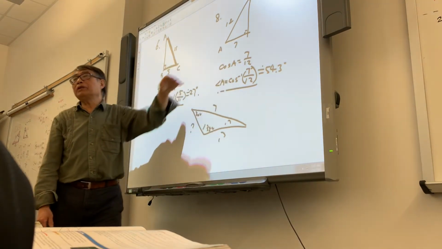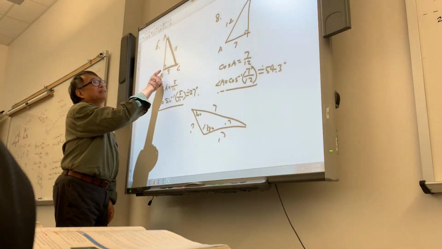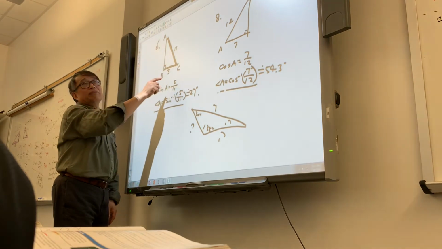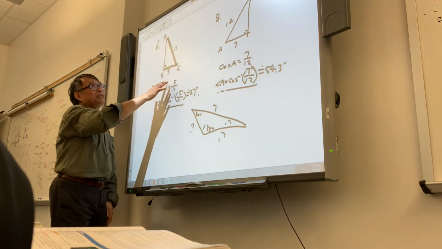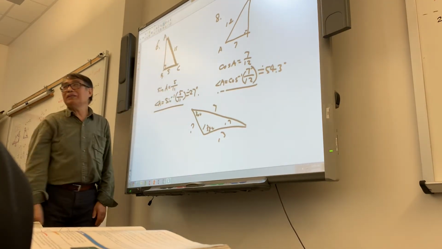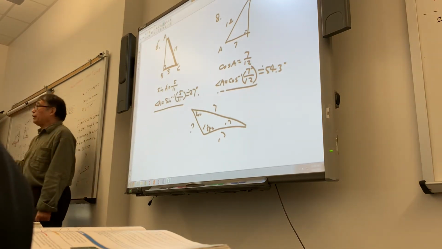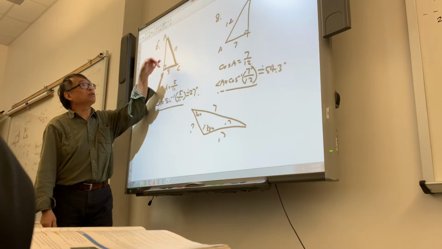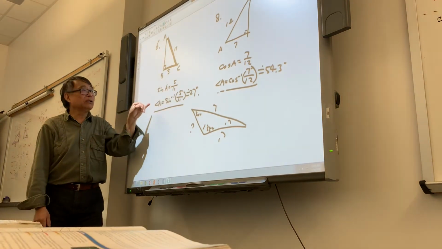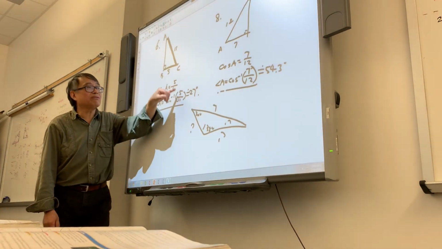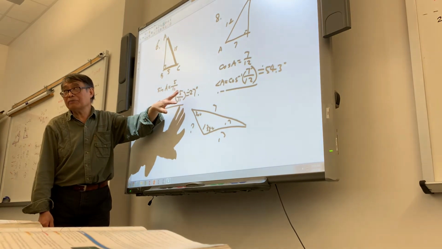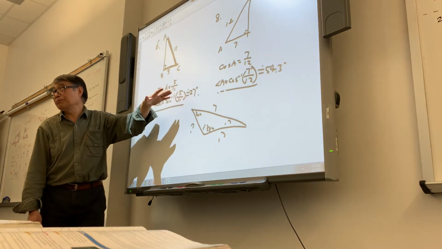This side is 5, this side is 11. Angle A opposite is 5, hypotenuse is 11. Opposite over hypotenuse is sine, so sine A equals 5/11, and angle A is arcsine 5/11. With a calculator, 27 degrees.